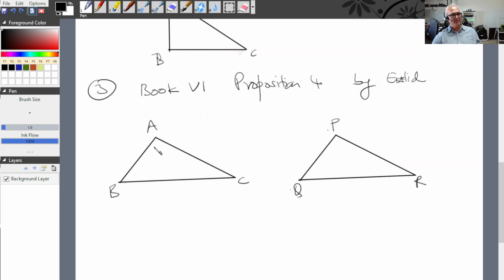So we have two triangles ABC and PQR, and I'm using different colors.